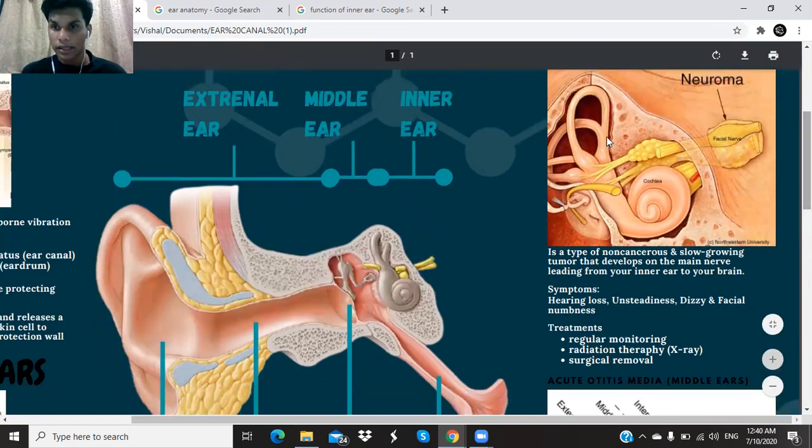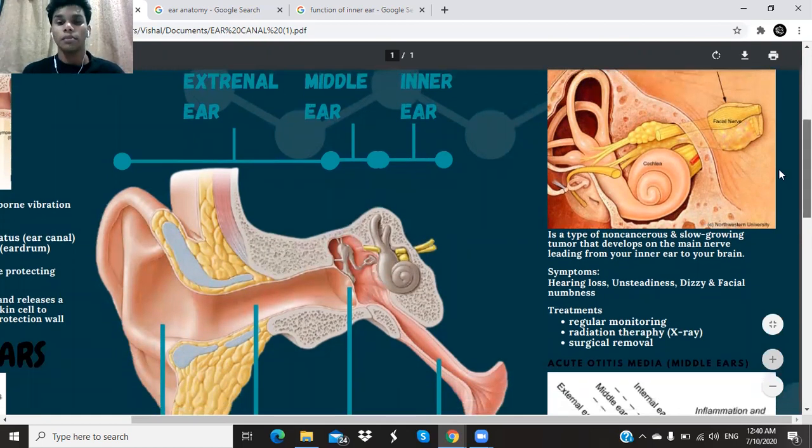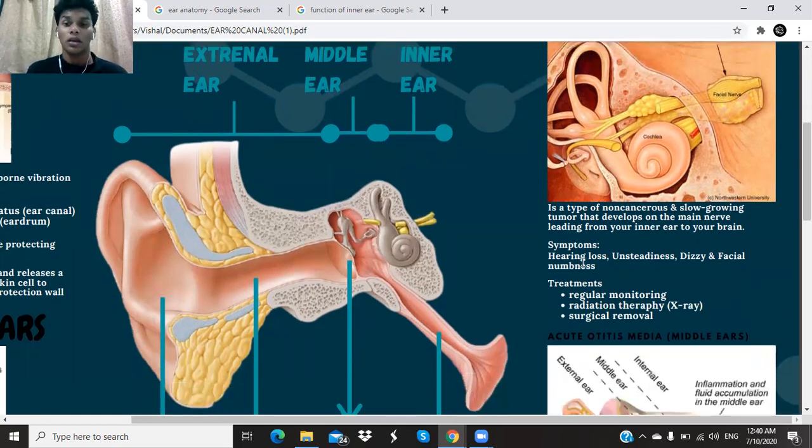In this diagram, the yellow structure is the acoustic neuroma, and the symptoms are hearing loss, unsteadiness, dizziness, and facial numbness. This is a slow-growing tumor, so it takes a long time to show symptoms.